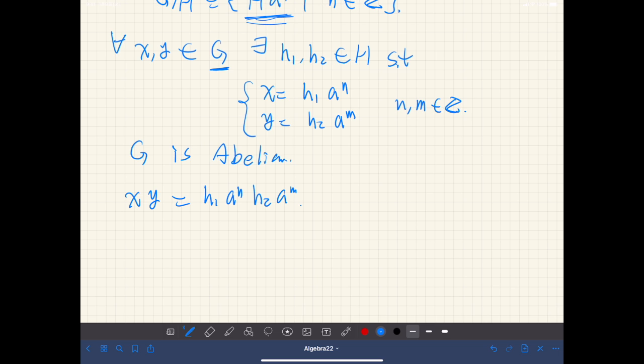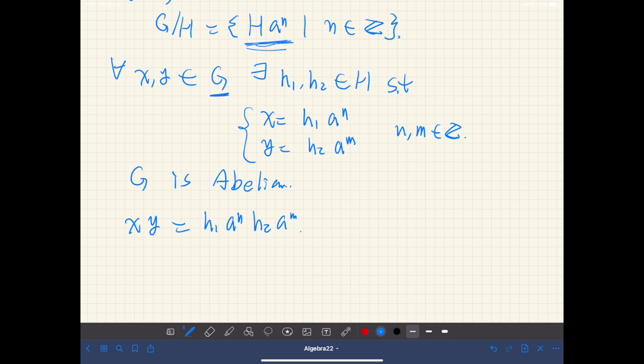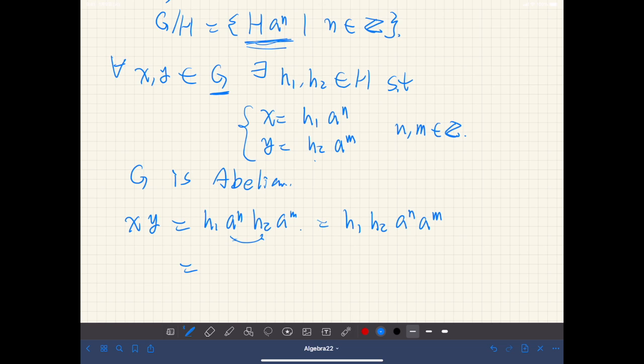However, remember, H is a subgroup of the center of the group G. So that means any element of H can commute with any elements of G. So let's commute this. We have h1 h2 a^n a^m. And of course, h1 and h2 can commute. a^(n+m).